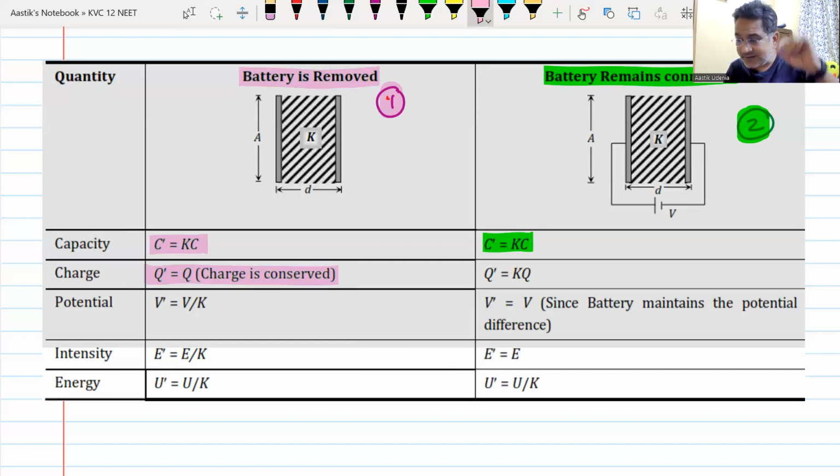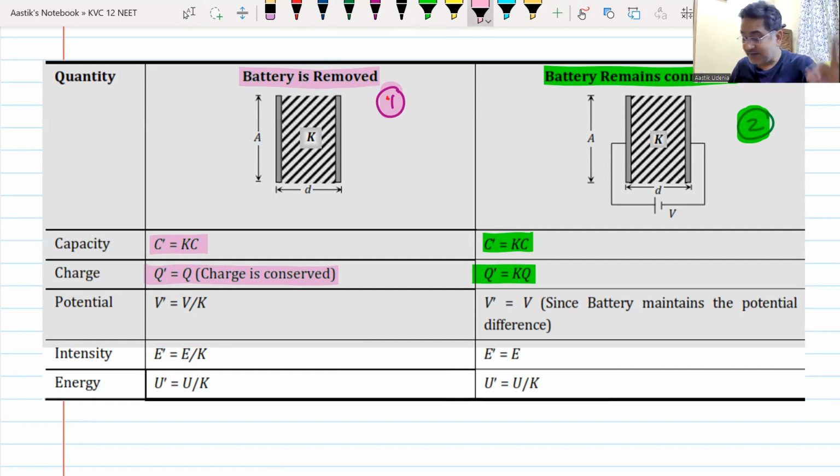And therefore, in this pink case, the charge of the capacitor will remain constant. But in this green case, the charge will actually become K times the original charge. Extra charge will flow and get deposited on the capacitor. We understand this point? Yes, sir.